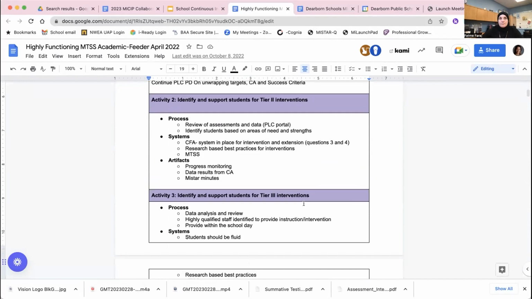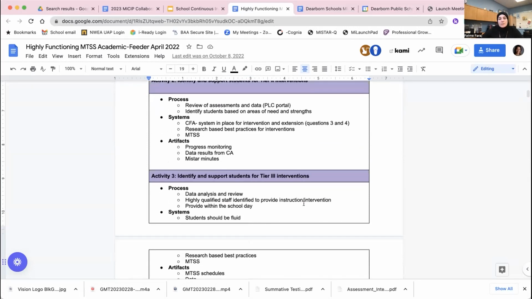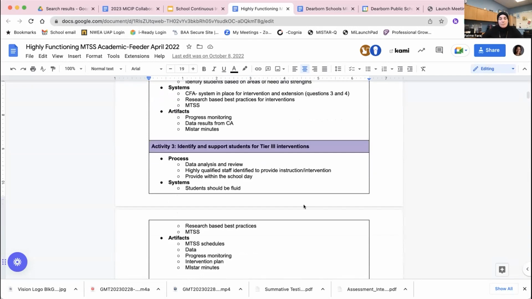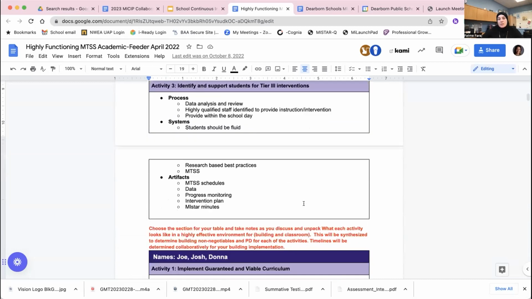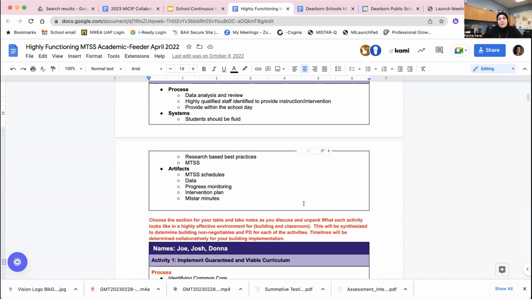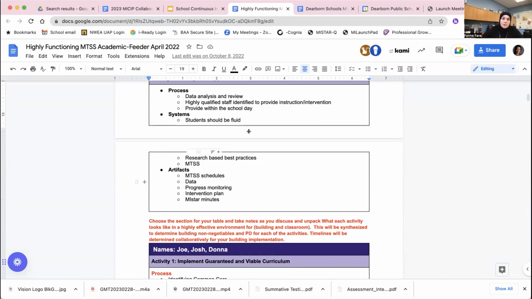Another concept that we kept in mind as we were developing the MICIP goals, strategies, and activities is, as much as we can, to streamline. We don't want to go to buildings and say, you need to implement EDP. It is an MDE requirement. So we made sure that we took all of these requirements and we fit them under one of the two strategies.